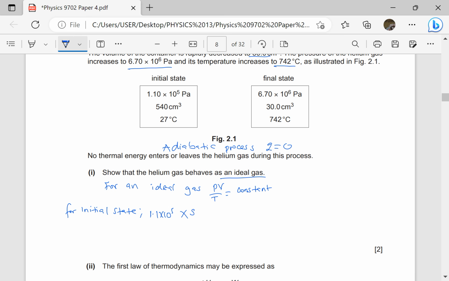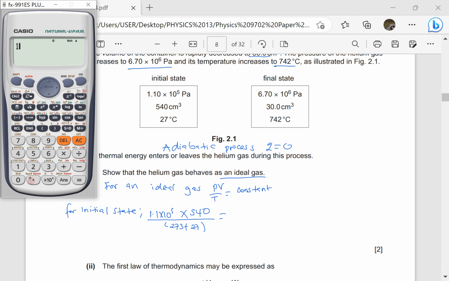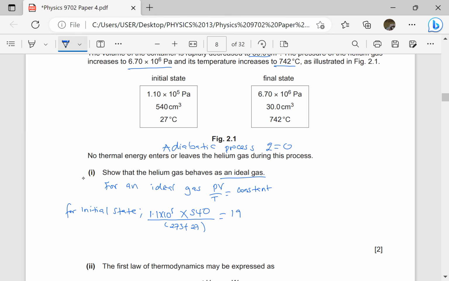So just say times 540 divided by the temperature, but of course for the temperature I must change it to Kelvin because this is addition. So this is 273 plus 27. So this is 1.1 exponent 5 times 540 divided by 273 plus 27, which gives us 198,000. That is the constant there.